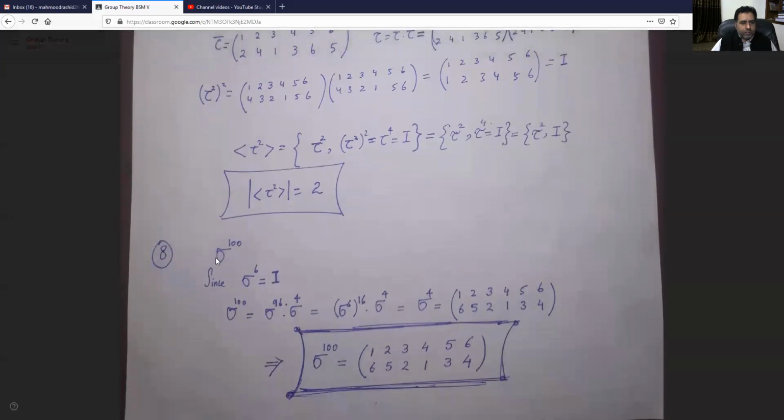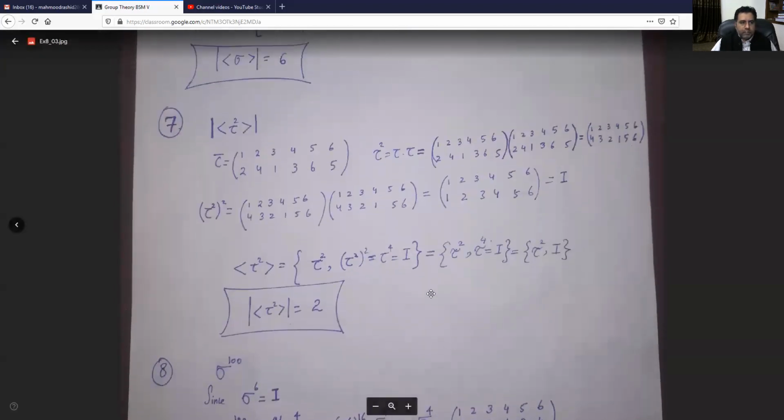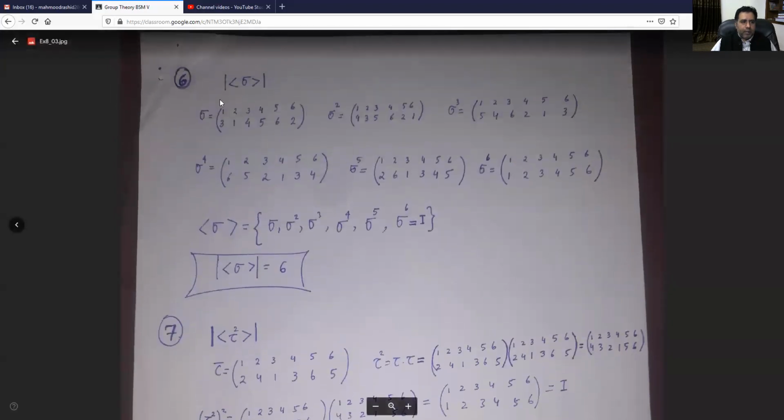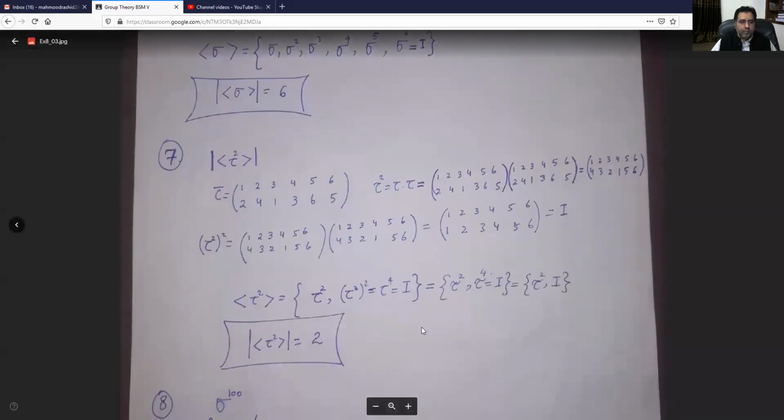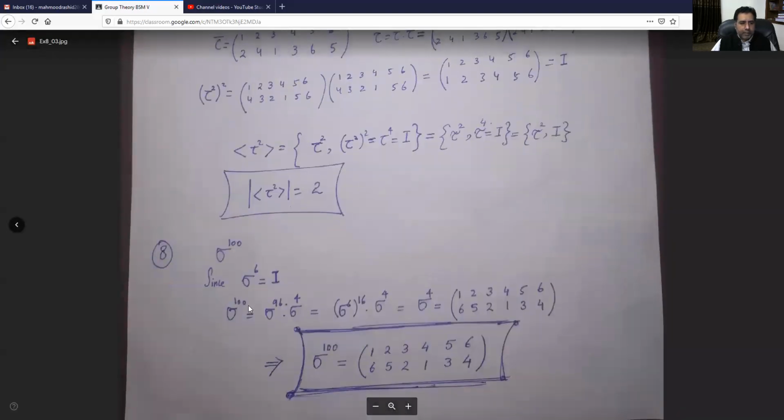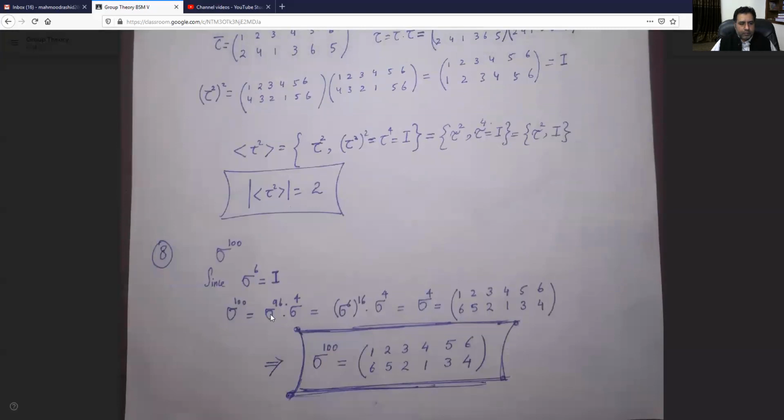We need to compute sigma to the power 100. And this is the same sigma we have seen here. So we calculated sigma power 6 equals I. So we will break this 100 this way, sigma 96 into sigma power 4. And sigma 96 actually is sigma 6 to the power 16. So this is the identity element.